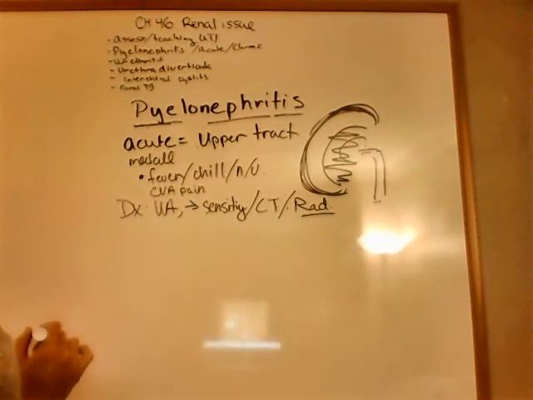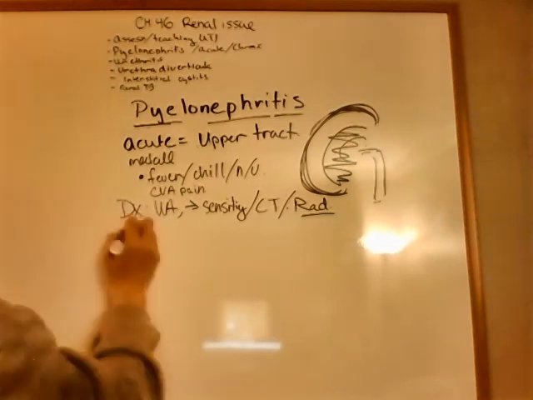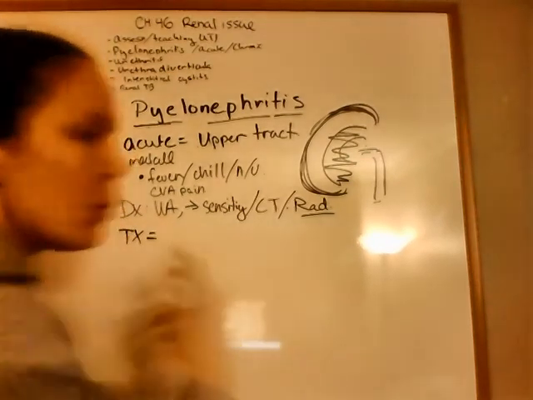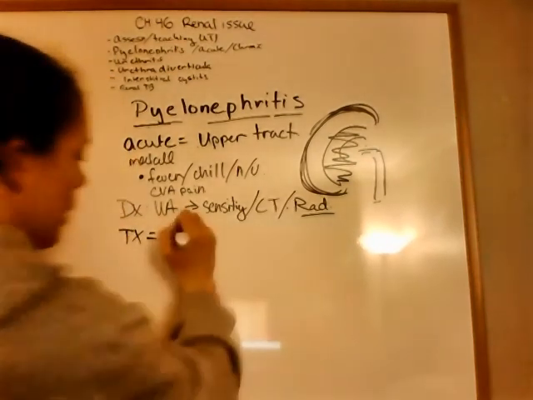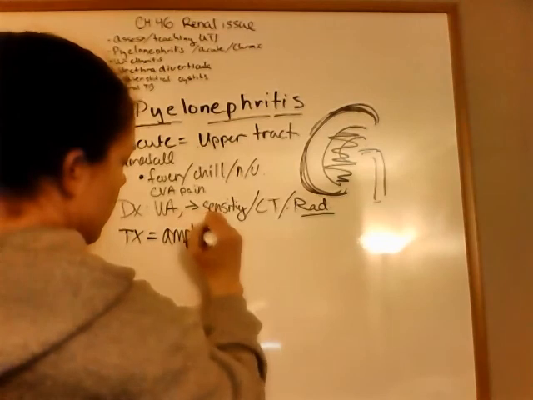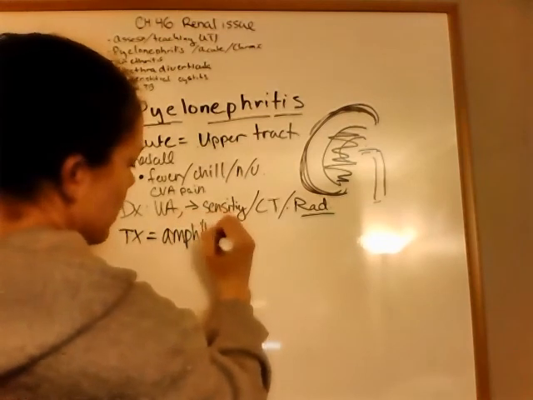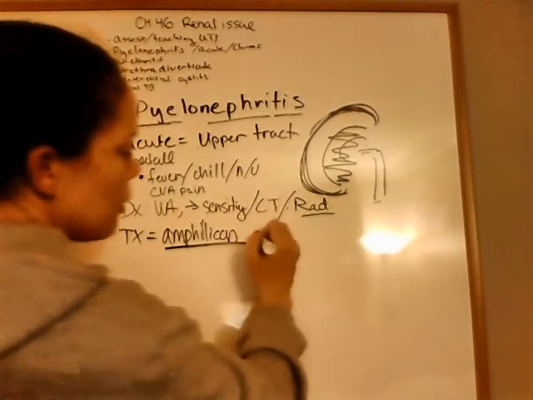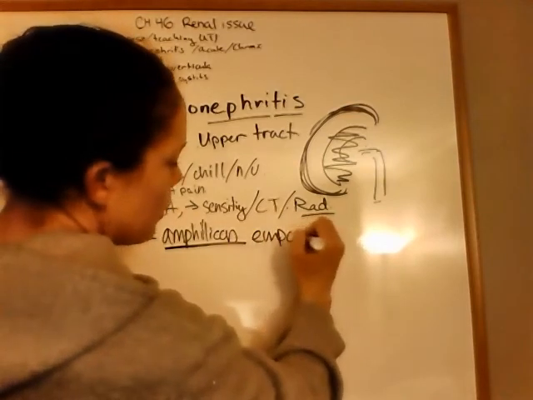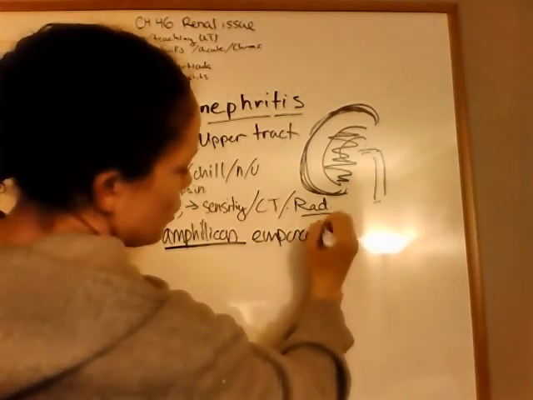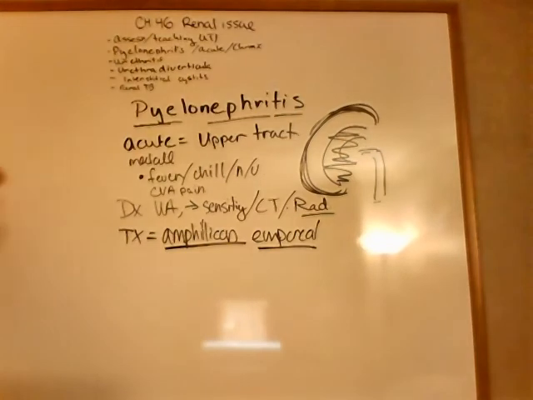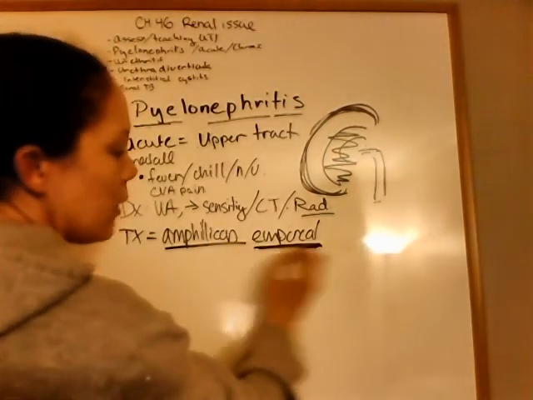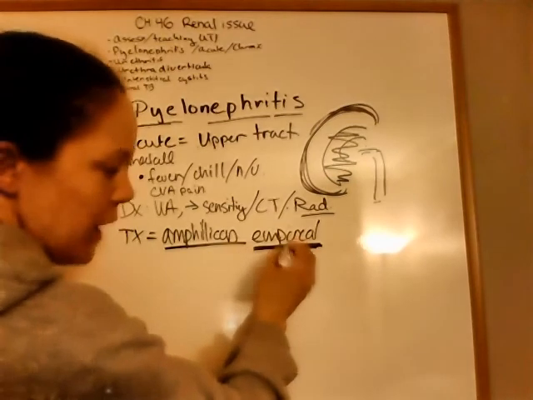So you want to make sure that you start treating it with something. Just start treating it with something. So what is some broad antibiotic? Amoxicillin, just start treating it with some general antibiotic, okay? And this they refer to as empirical, which basically means that I'm using my knowledge base instead of actual data.